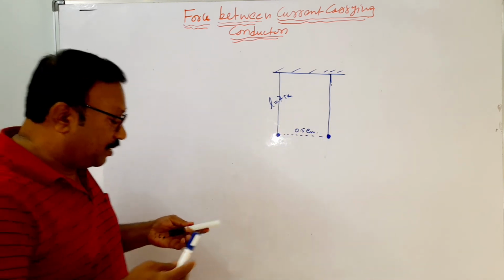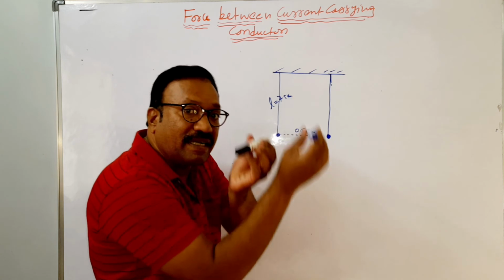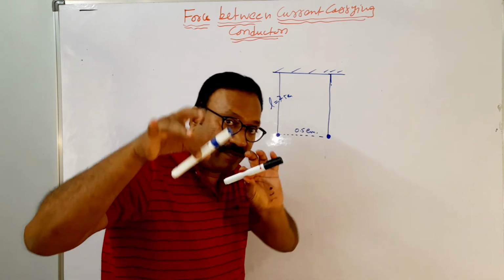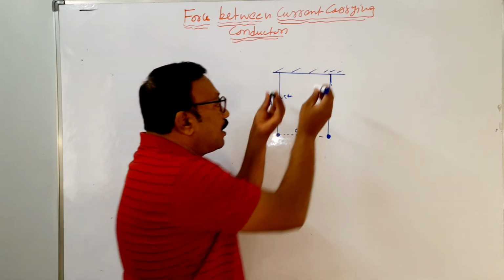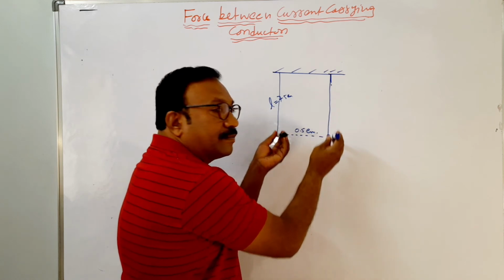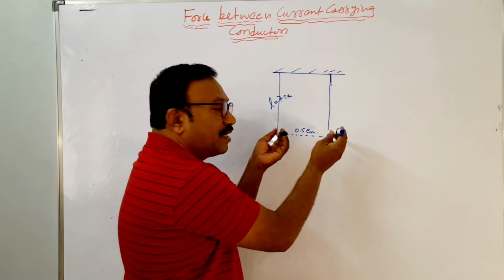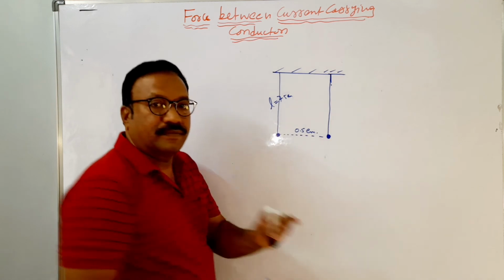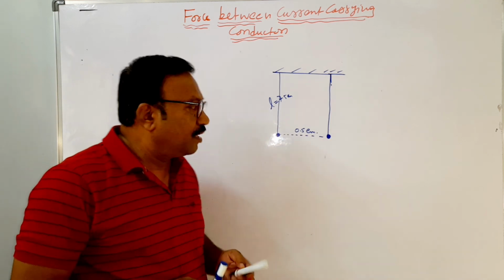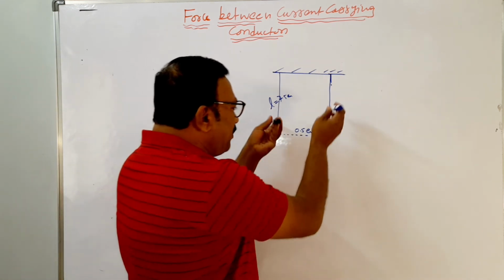So I can say these two are infinite current carrying conductors, hanged by these wires. They are hanging like this.